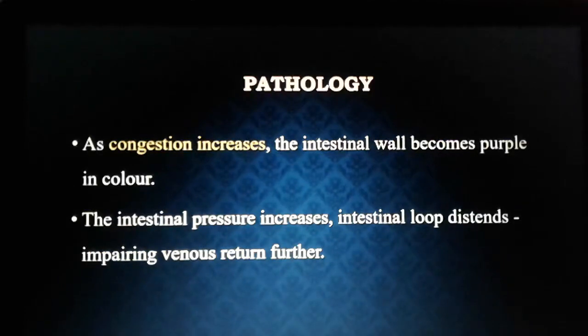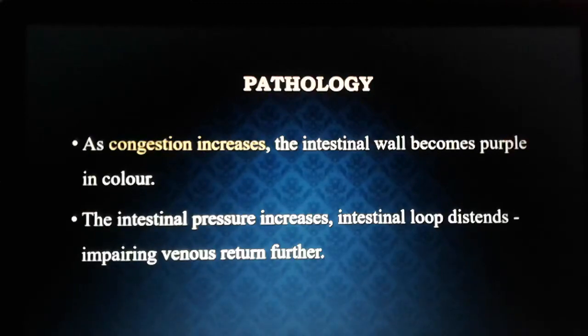Intestinal pressure increases, the intestinal loop distends. As the pressure rises, it will further hamper the venous return. Again, a cycle is being made, self-sufficient. More pressure, more venous return is being hampered, right?